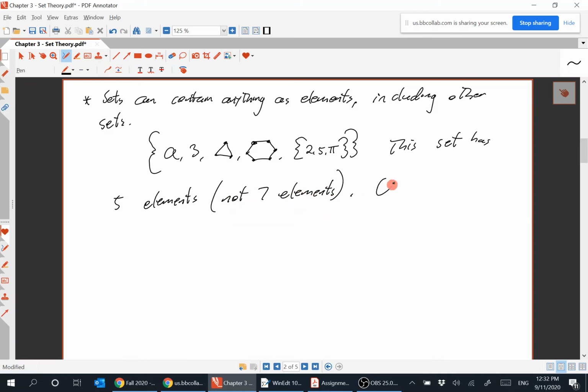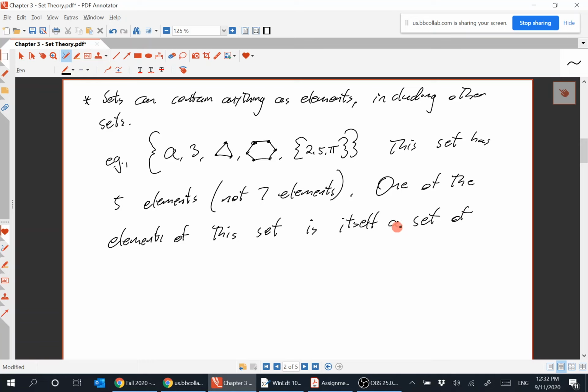One of the elements of this set is itself a set of 3 elements.